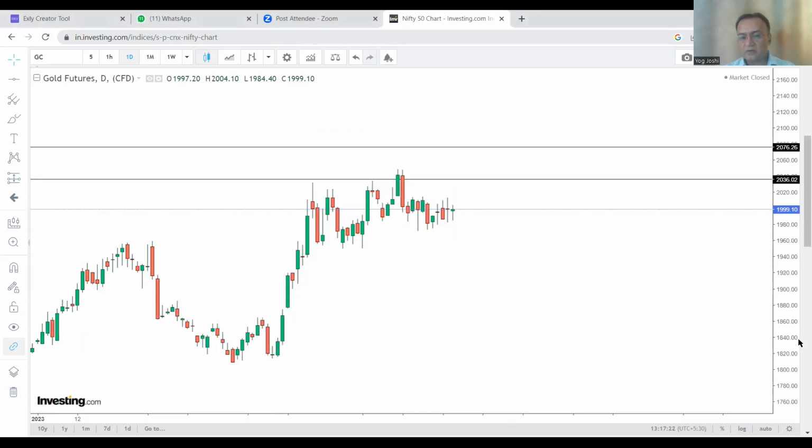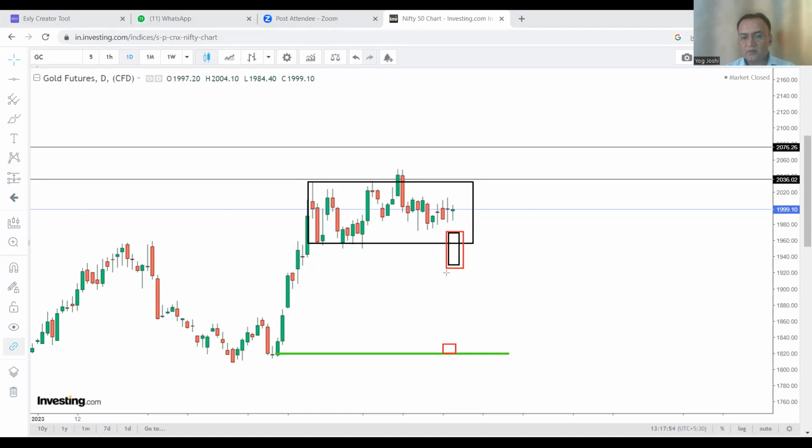Where is the next support? This will be the next support. If gold breaks the downside area and we receive this type of negative or red candle, the support area for gold will be this.